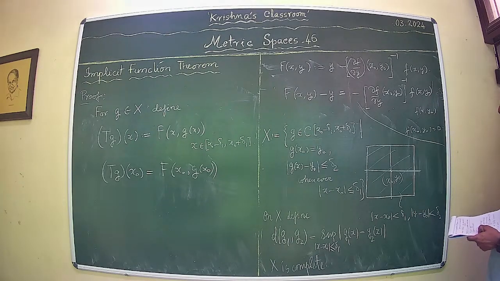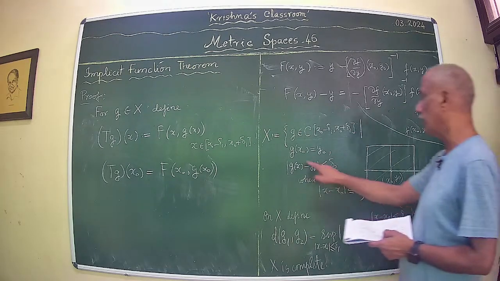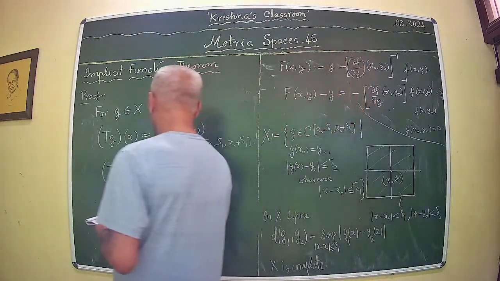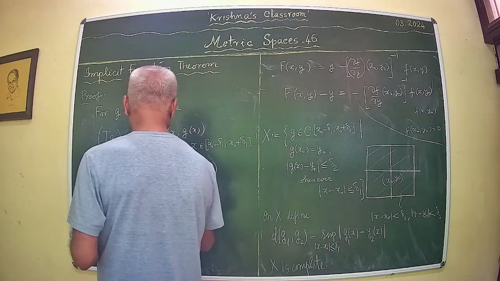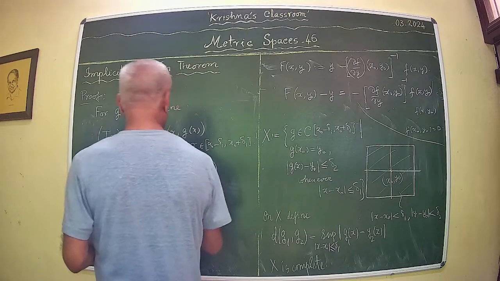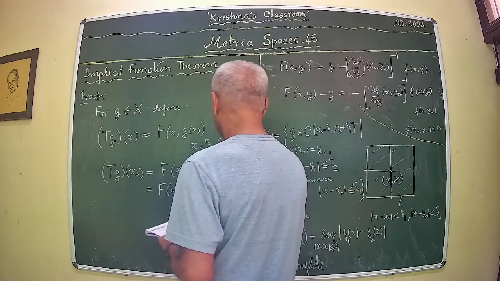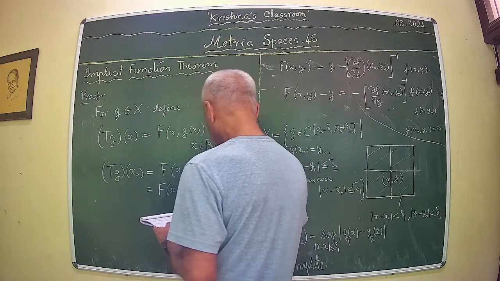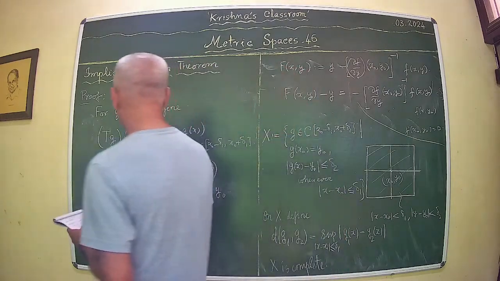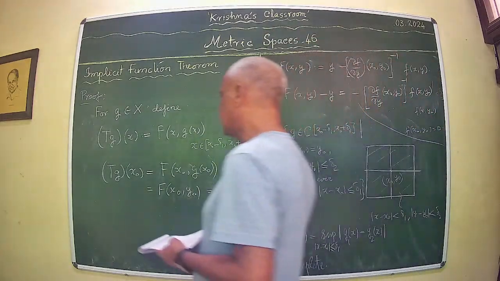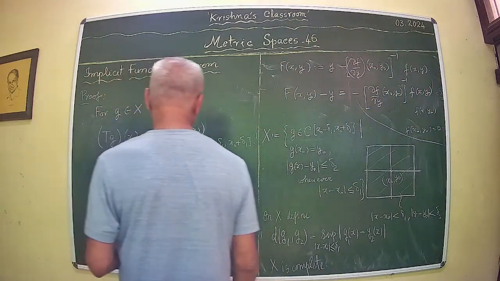Okay. And gx0 equal to y0, therefore this is equal to f of x0 y0, and this is equal to y0. So this is the first observation that we make. Okay. So Tg x0 equal to y0.